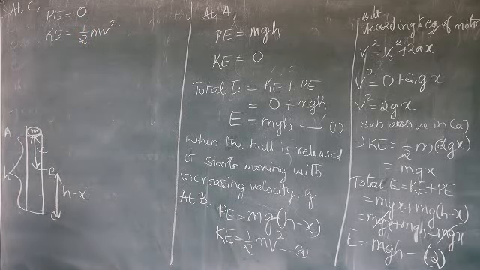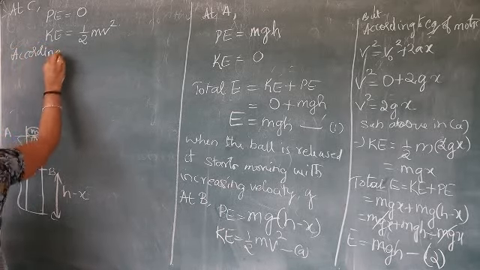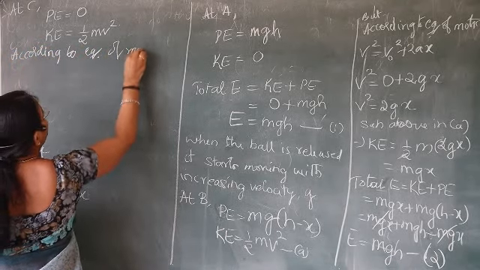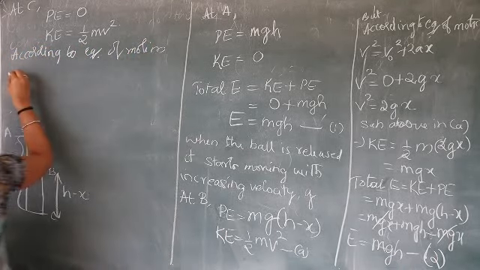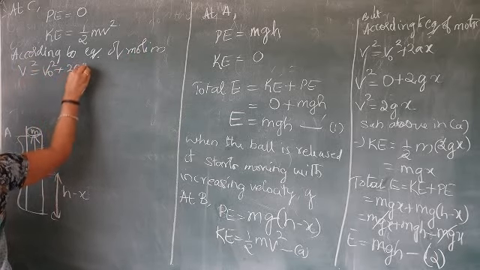Can we write it in another form? How can we write v? In the same way, according to the equation of motion, v square is equal to v naught square plus 2ax.